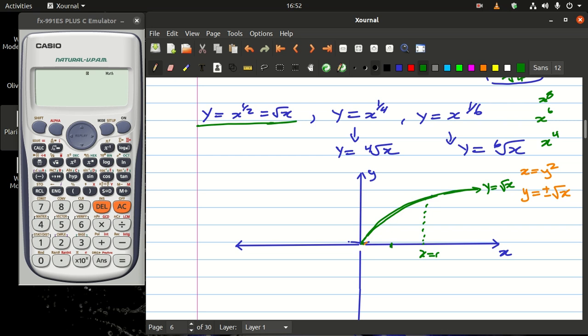If I pick a value somewhere there, of course, this is still the same scenario. You're going to get this kind of a thing, and this is y is equal to the fourth root of x, and then this one is going to go there, and then it comes just like this. So this one is going to be y is equal to the sixth root of x. So this is how these things usually work.